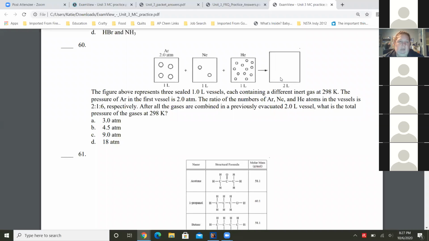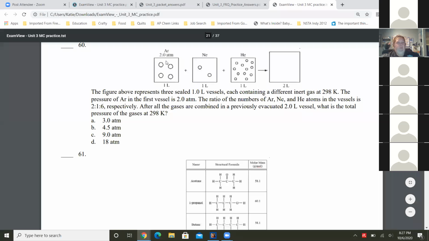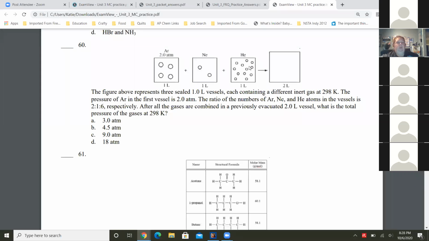And again, that's the relationship from P1 V1 equals P2 V2. So instead of 2 atmospheres of argon, it's going to be 1. Neon is going to be 0.5 atmospheres, and helium is going to be 3. So 3 plus 1 plus a half gives me 4.5. Could I just add all those together and then divide by 2? That work too? You could do that too, yeah. Okay, that's sort of what Alex and I were just arguing about. Okay, thank you.